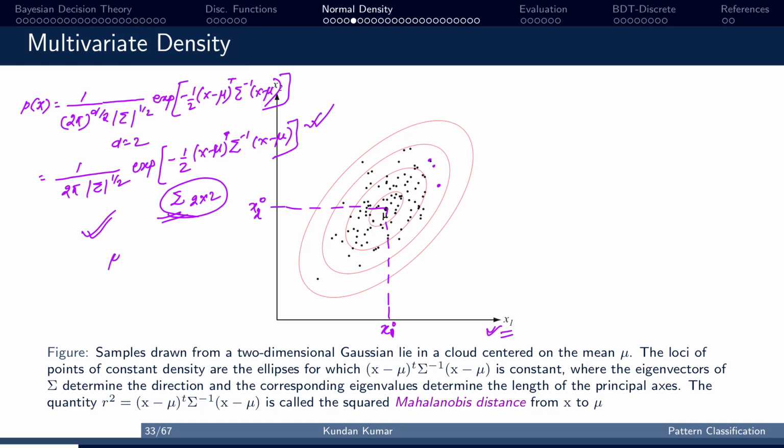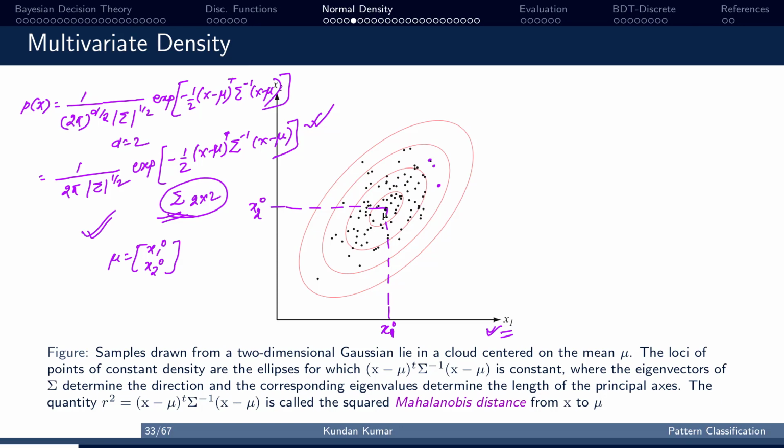So mu is x10 and this is x20. Okay, and the covariance can be calculated, or maybe it will be given to us. So these black dots are generated using this two-dimensional Gaussian distribution.